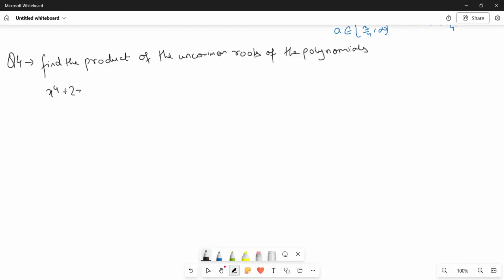P(x) equal to x power 4 plus 2x cubed minus 8x squared minus 6x plus 15, and Q(x) being the polynomial x cubed plus 4x squared minus x minus 10. Find the product of the uncommon roots of the two polynomials.